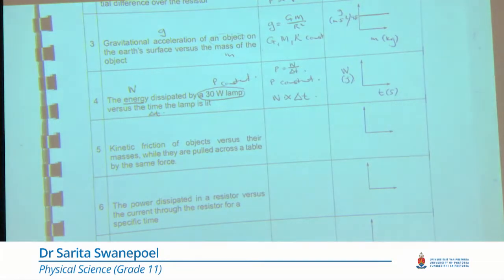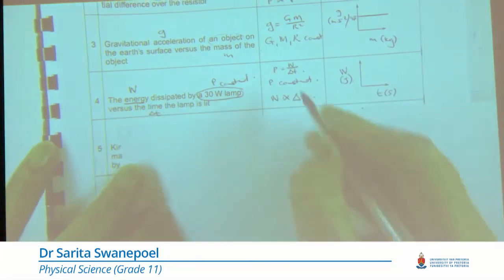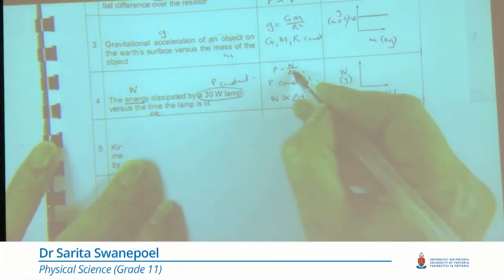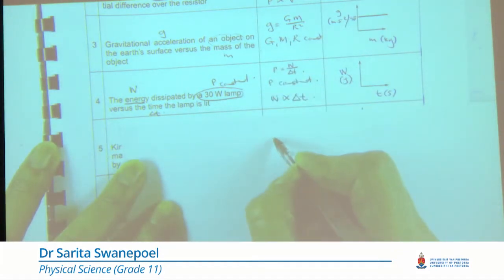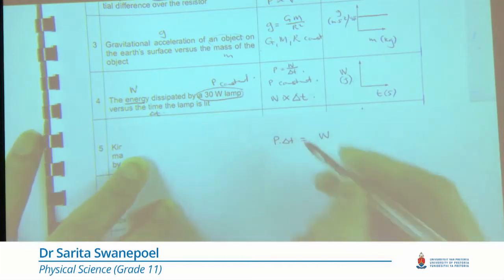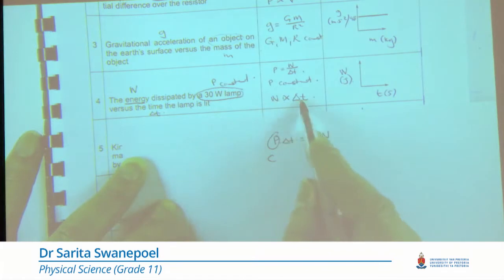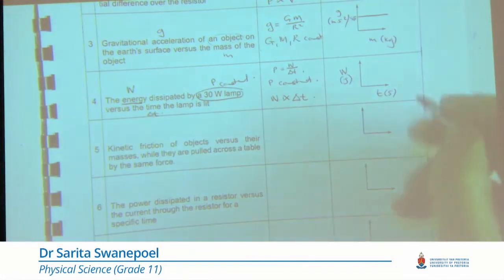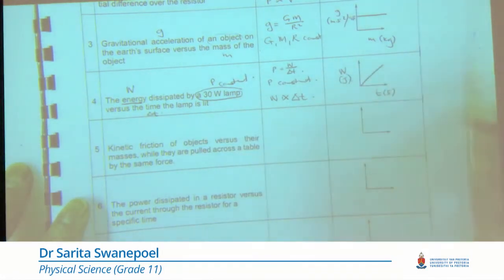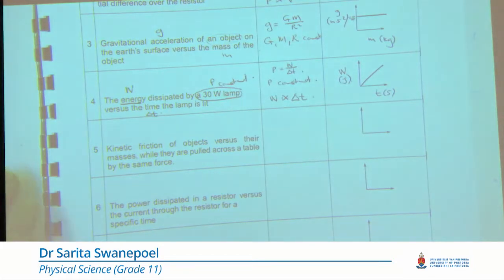If you've got a problem with the maths, you can prefer to take the delta t to the other side: P times delta t equals W. And then it's easy to see that if P is constant, those two are directly proportional. So what does that mean? Straight line through the origin. Okay, next one.